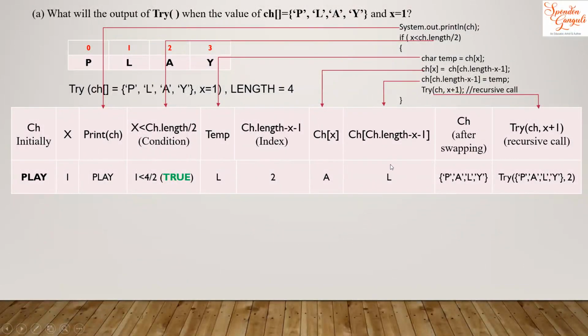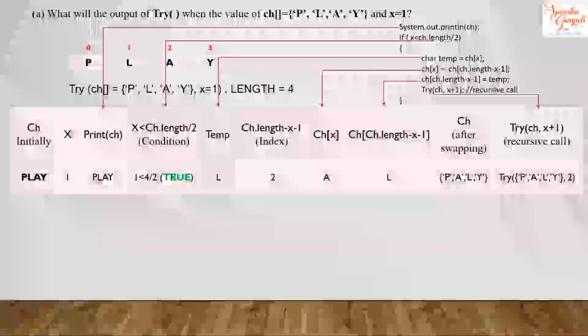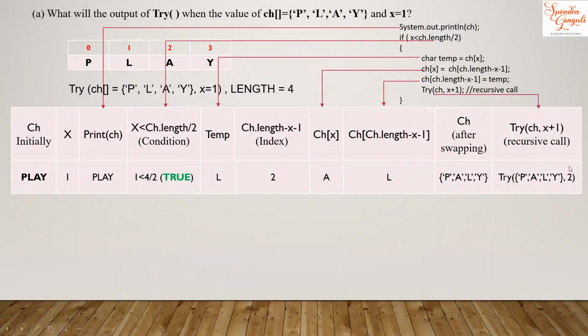So the swapped characters between ch1 and ch2 are A and L. After swapping, the character array is PALY. And finally, the recursive function try is called again with the new character array and the value of x at 1.